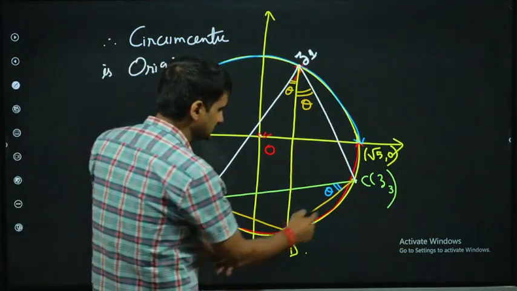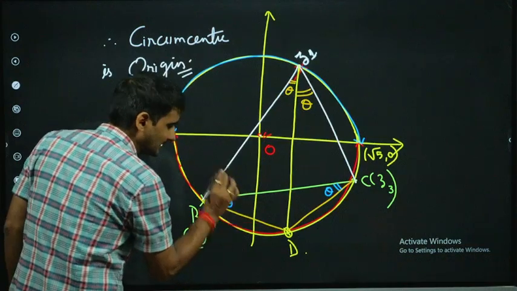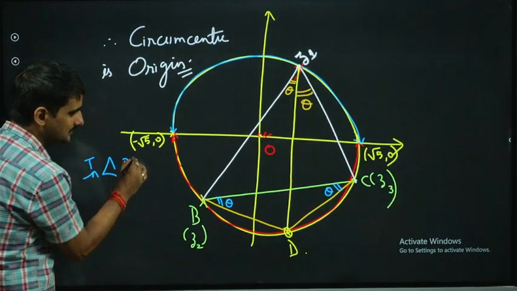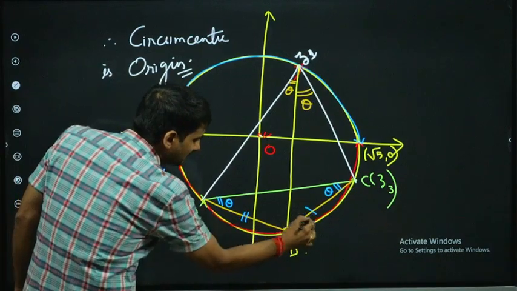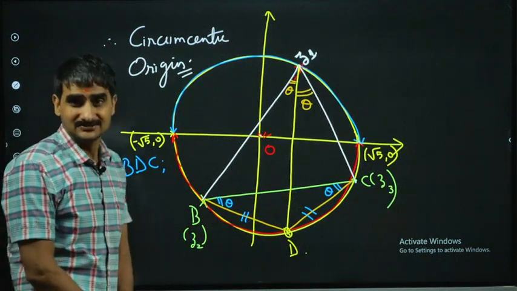So this is theta. Similarly, if I consider CD to be the arc, these two angles are the same. So in triangle BDC, isn't that an isosceles triangle now? Because CD is equal to BD. So it's an isosceles triangle.